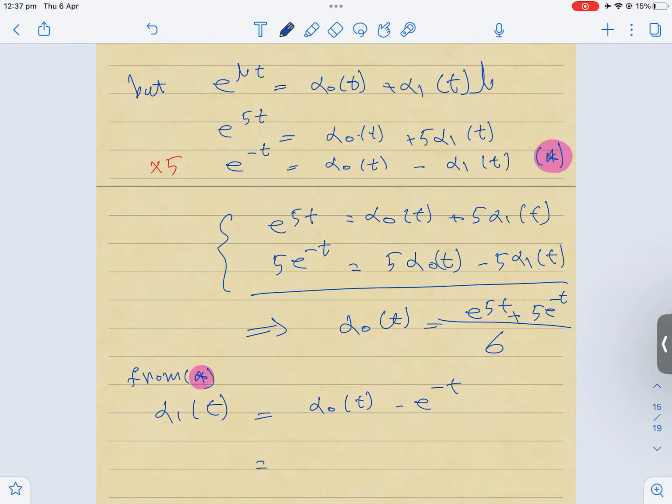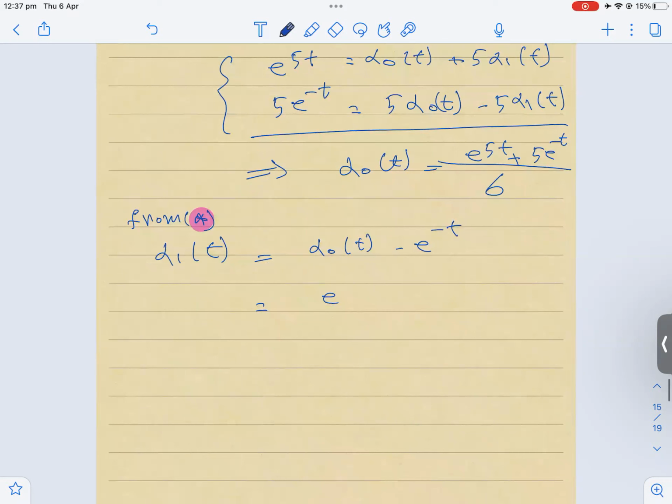So from here, e to the, what's that? E to the 5t. Are you with me? Alpha 0 plus 5e to the minus t divided by 6, plus 6 times e to the minus t divided by 6.